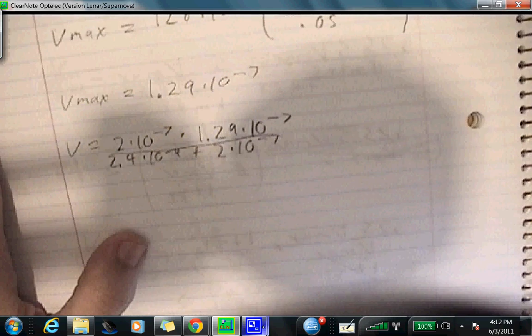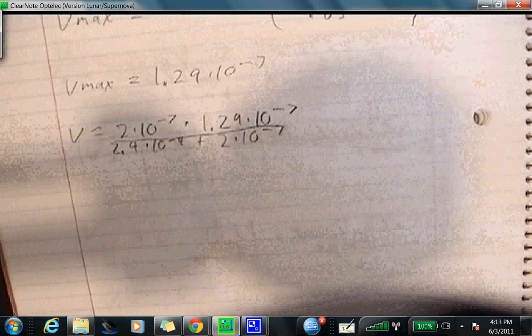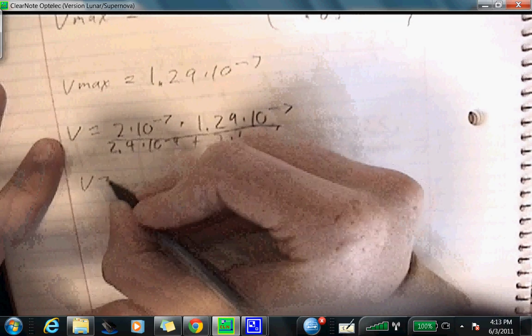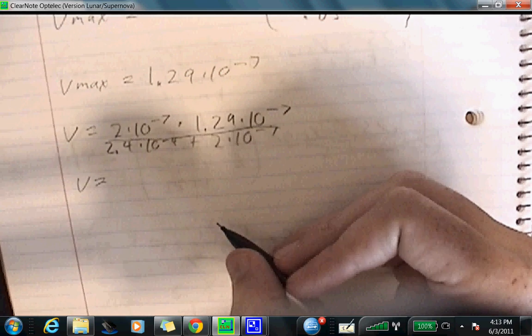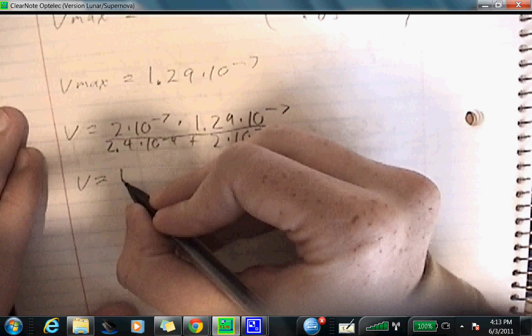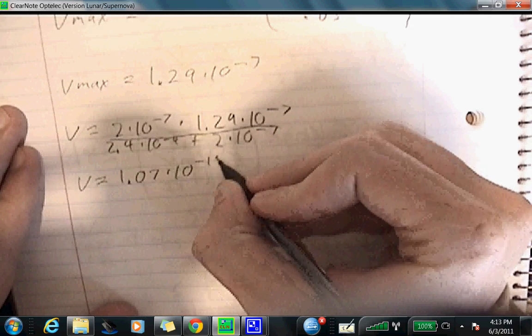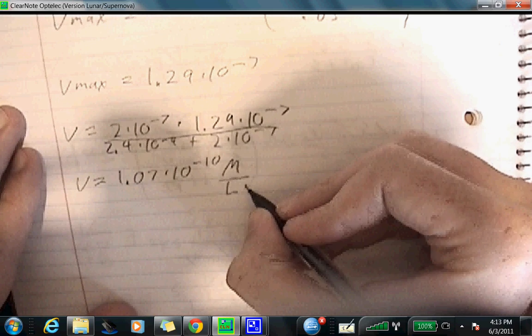I'm going to pause this and get that calculation for you. After calculating all this, the initial velocity for A should be 1.07 times 10 to the negative 10th moles per liter per second.